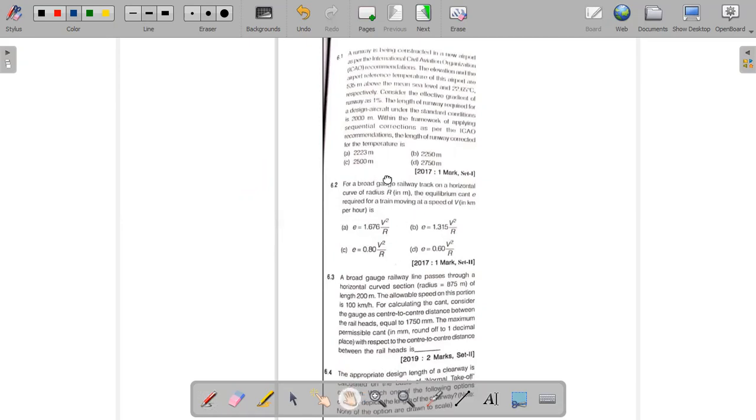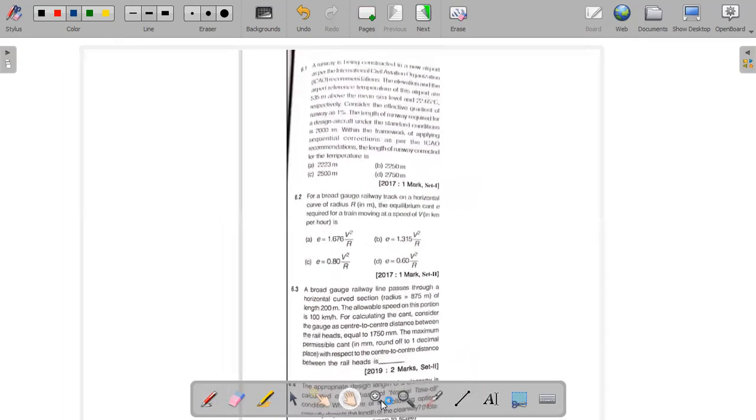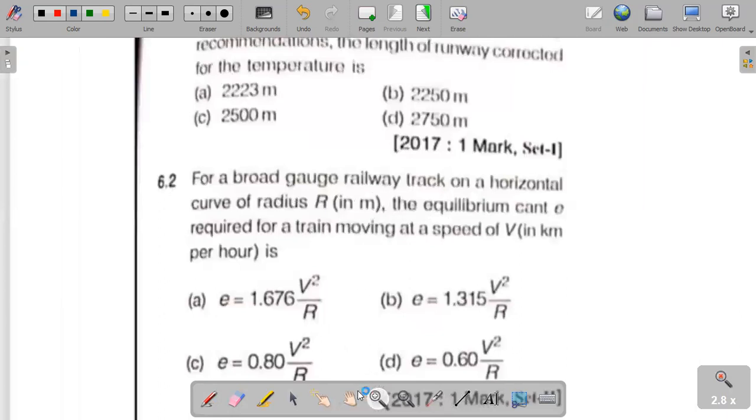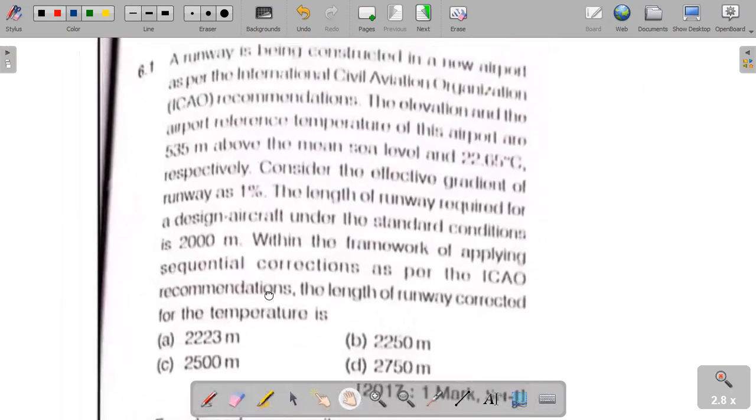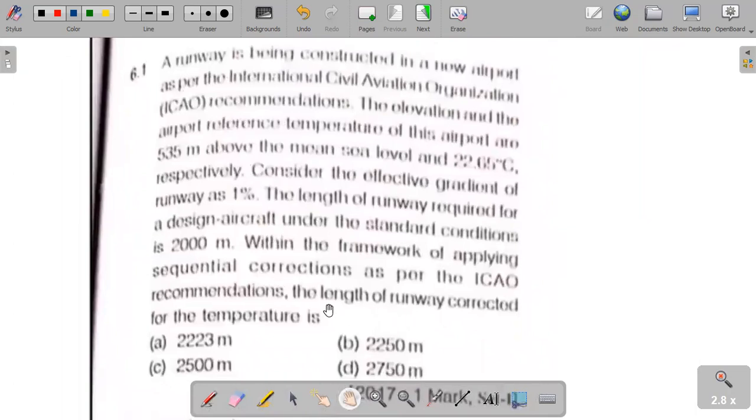So, the first question is from GATE 2017, a 1 mark question. A runway is being constructed in a new airport as per the International Civil Aviation Organization, ICAO, recommendation.